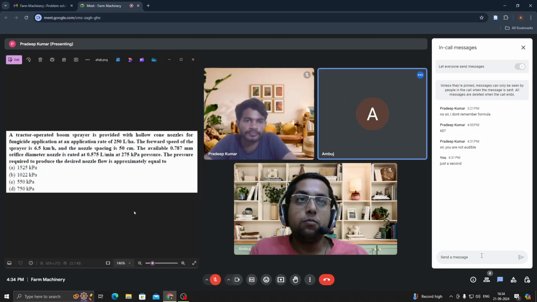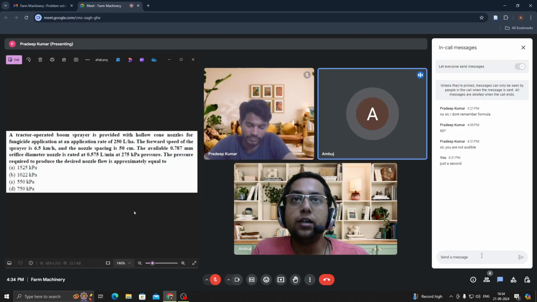Then for my discharge rate condition, if Q2 would be known to me, then I'll be able to calculate Q1, or anything you can interchange. The application rate has been given in liters per hectare. Then the available orifice diameter, you don't have to use it.